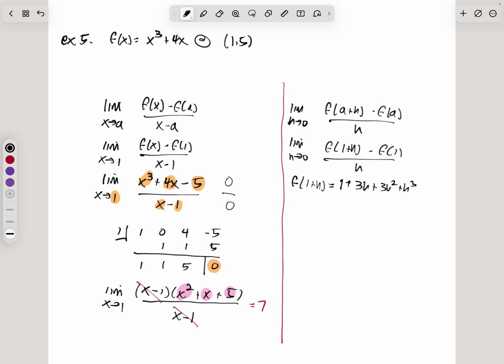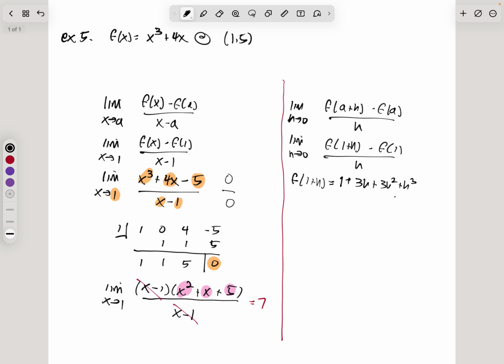That's the x to the third part, and then it's plus 4 times 1 plus h. So putting that all together, in standard form, I get h to the third plus 3h squared plus 3h, and then here's 4h, so that's 7h. And then 4 times 1 is 4, plus 1 is 5.